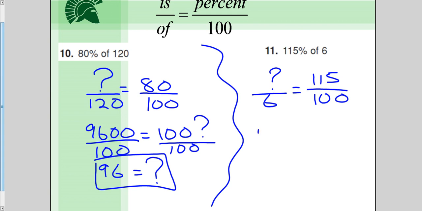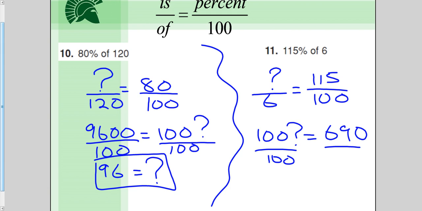So we cross multiply, we get 100 times question mark, and then 6 times 115, which is 690. We divide by 100 on both sides to get rid of the 100 in front of our variable, and the question mark variable is going to equal 6.9.